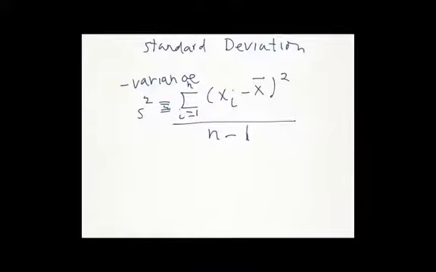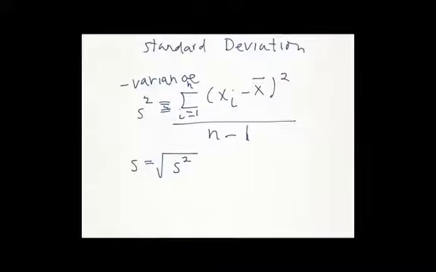And now if we want the formula for the standard deviation, well, the standard deviation, which is s with no squared, is just the square root of s squared. So we can take this whole big formula we have up top, put a square root over it, and then we get our standard deviation. And we can calculate it the same way that we did the mean. But again, we're going to rely on statistical software to do that for us. Okay, so we won't do that here.